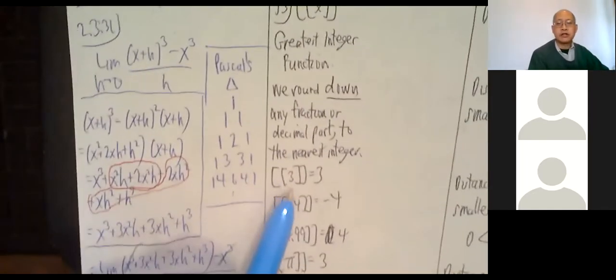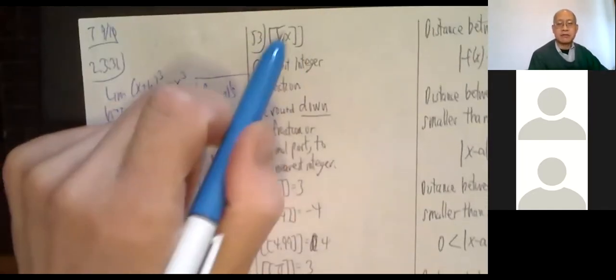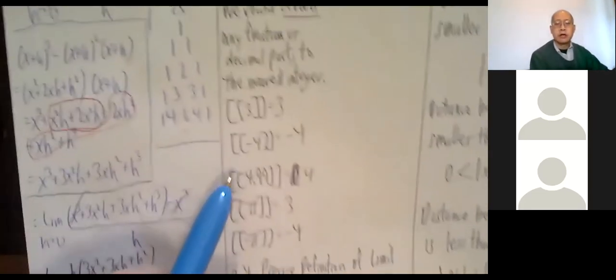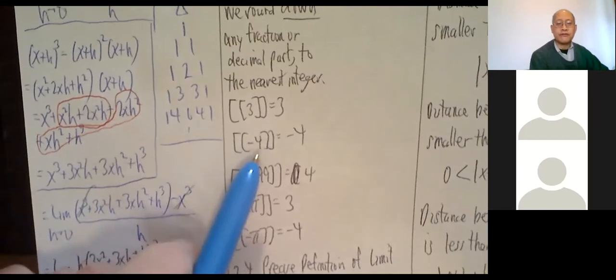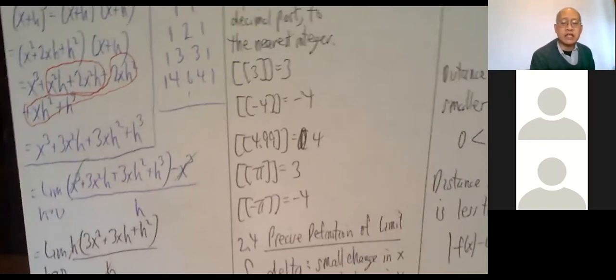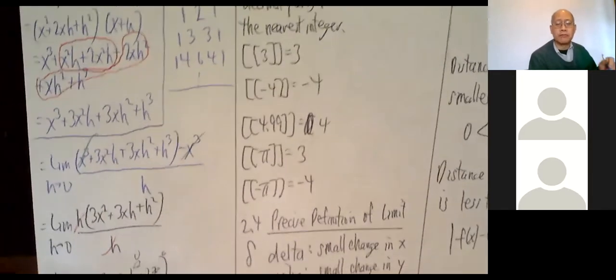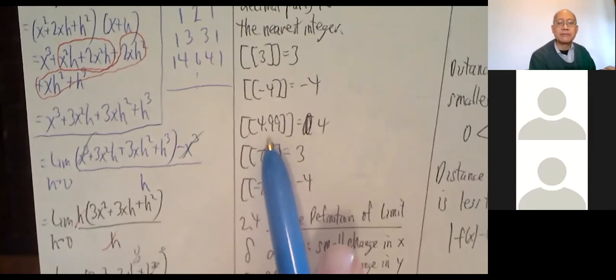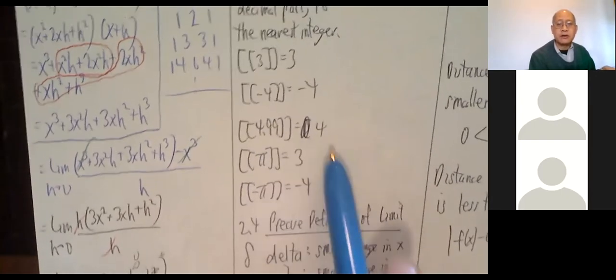The greatest integer function is hard to write. It's like this bracket, bracket. The greatest integer function of 3 is 3. Of negative 4 is negative 4. But once you have any decimal or fractional part, you always go down. So the greatest integer function of 4.99 is not 5, it's 4.